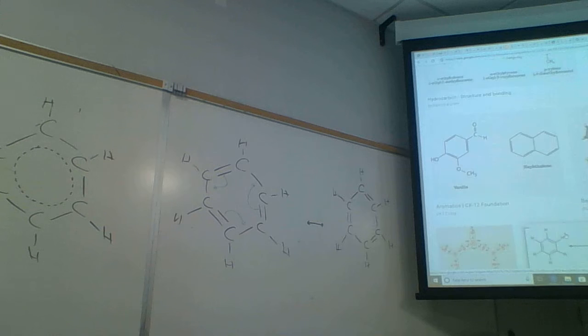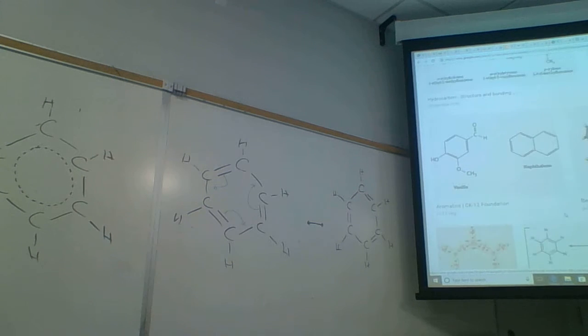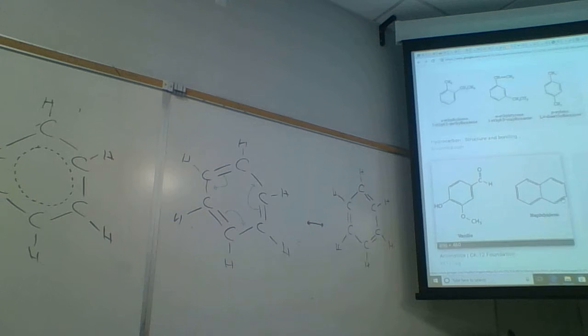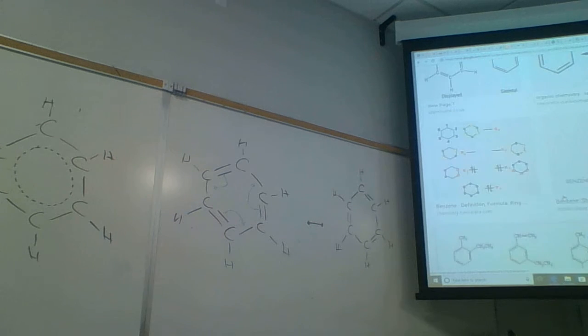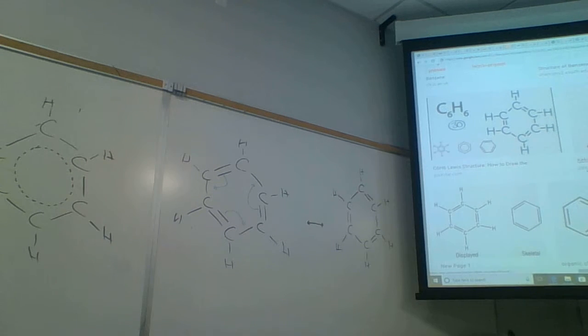These structures are based on something called valence bond theory. Lewis structures in general are based on valence bond theory. And valence bond theory is quantum mechanics based.